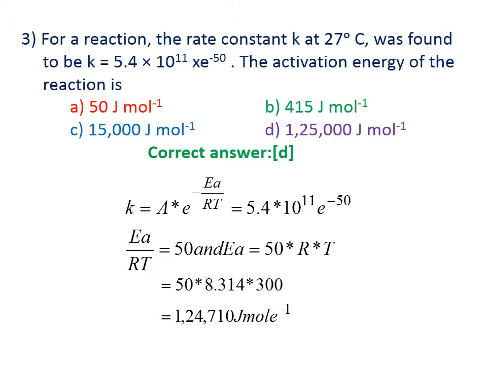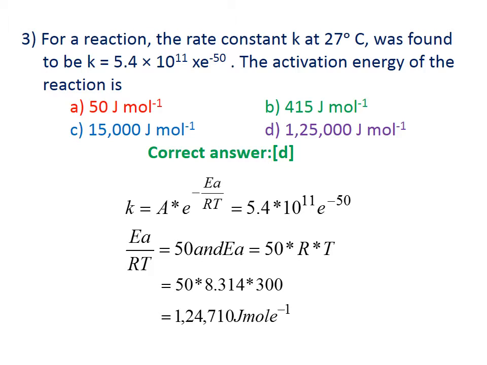Here the rate constant k will be equal to 5.4 into 10 to the power of 11 into e power of minus 50, and this exponential power 50 will be equal to Ea by RT. Therefore, Ea by RT will be equal to 50 and Ea will be equal to 50 into R into T. R is 8.314 joules, T is 300 Kelvin.